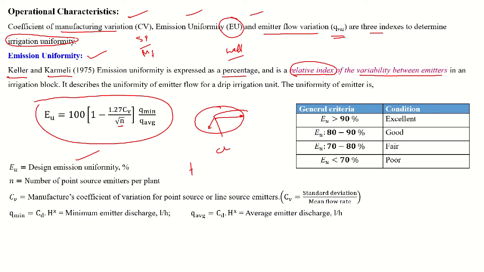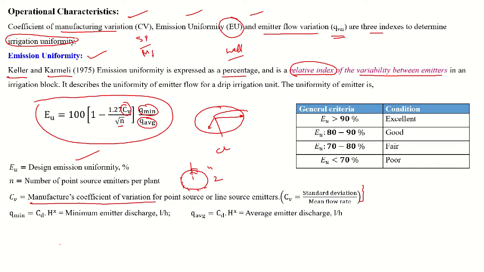Suppose we have one plant, so how many emitters are arranged around this root zone or around the periphery of the plant? Suppose I arrange 2, or maybe 4, then N is 4, and CV is the coefficient of variation. We call it the manufacturing coefficient of variation, that is the ratio of the standard deviation by the mean flow rate, and Q minimum by Q average.